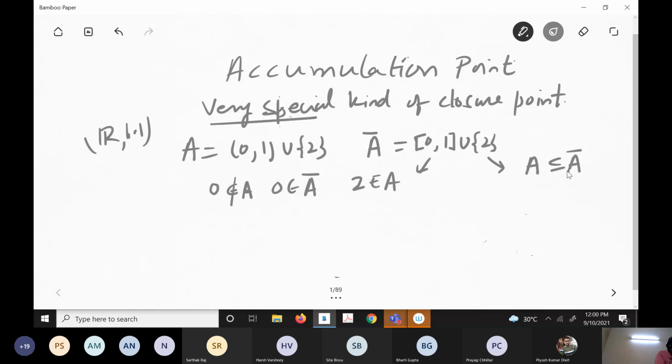Now look, at 0, whatever neighborhood you take, minus delta to plus delta, it doesn't matter how small delta is, its intersection with A is not only non-empty, it contains a point other than 0.